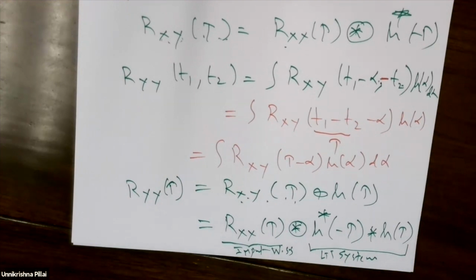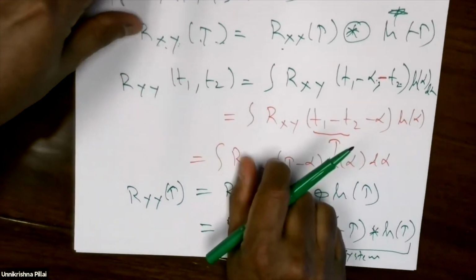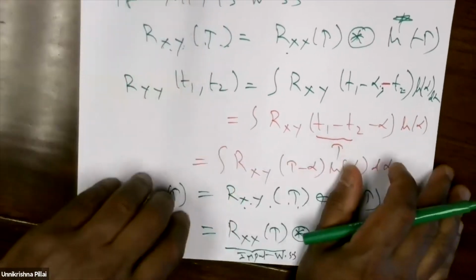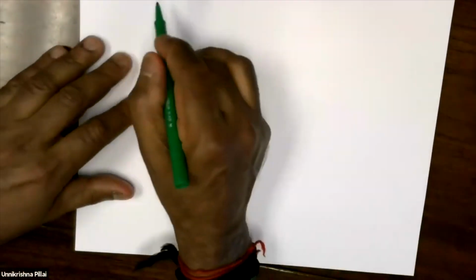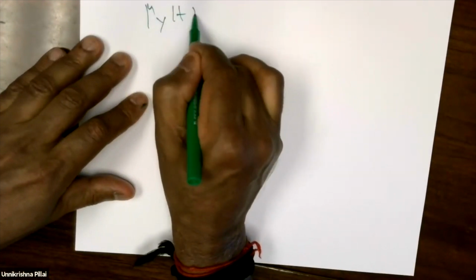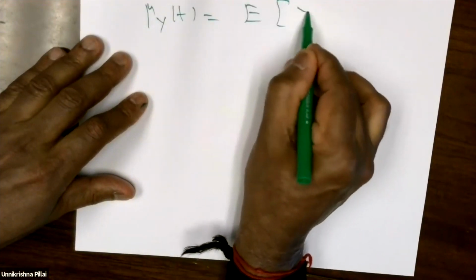That's what we have proved. So let me put this in a picture-wise form so you understand. I don't know whether I did the mean. So the mean is what? Mean is the expected value of y of t.